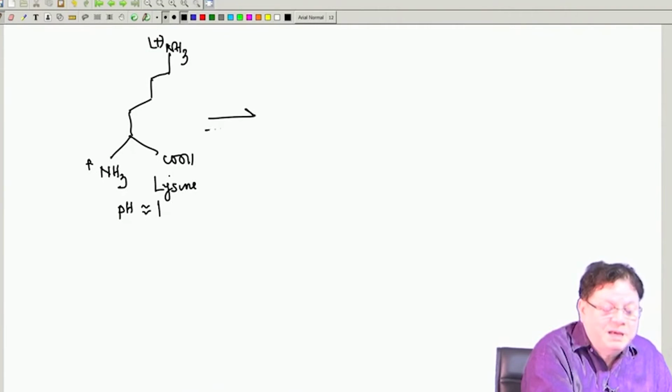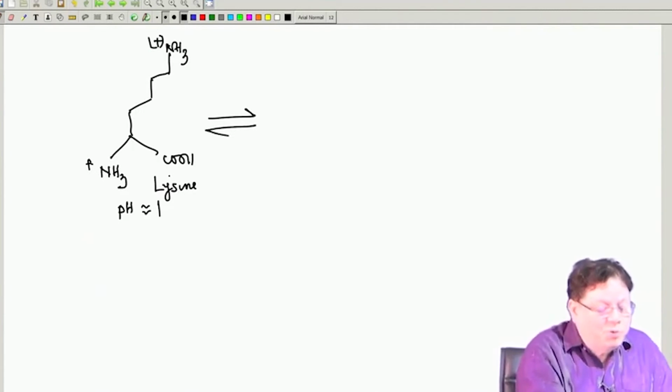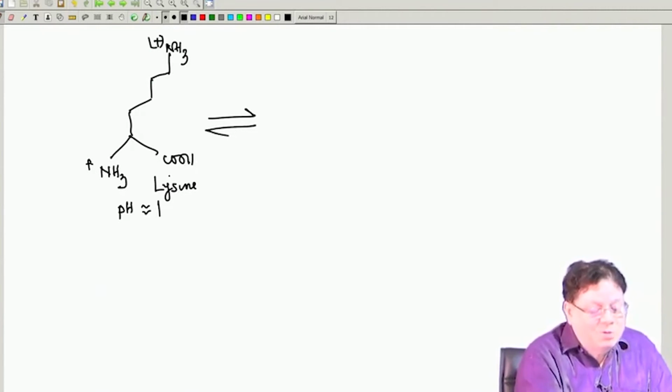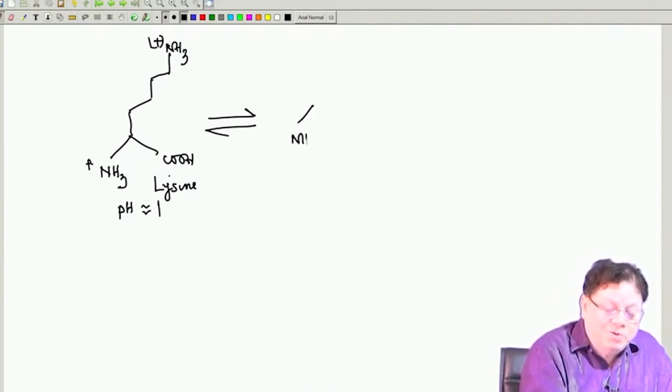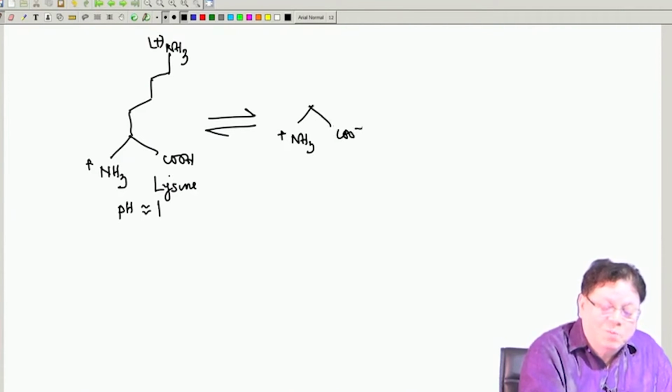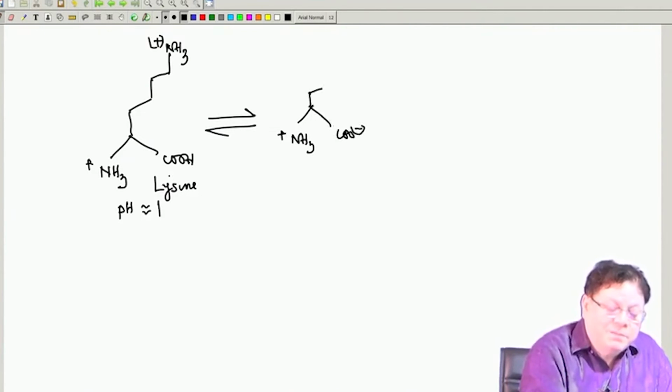Now, if you raise the pH, there is only one carboxy group, so that is what is going to ionize. So, you will get NH3 plus and COO minus, and that will be 6 carbons, 1, 2, 3, 4, 5, 6, and that will be NH3 plus.